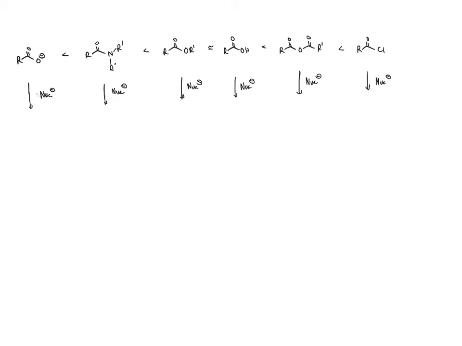Okay, so in each case we get nucleophilic attack onto the carbonyl carbon to form a tetrahedral intermediate. All right, so you should see the pattern here is that we're attacking the carbonyl carbon in the first step of a nucleophilic acyl substitution mechanism. It doesn't matter what electrophile you have, doesn't matter what nucleophile you have, you're forming a tetrahedral intermediate. Now what do those tetrahedral intermediates look like?